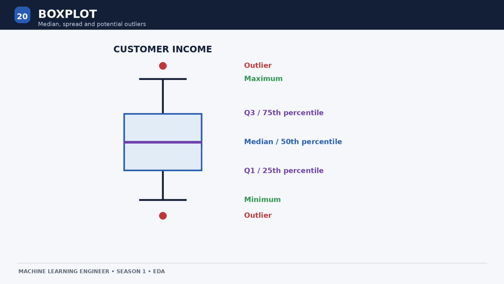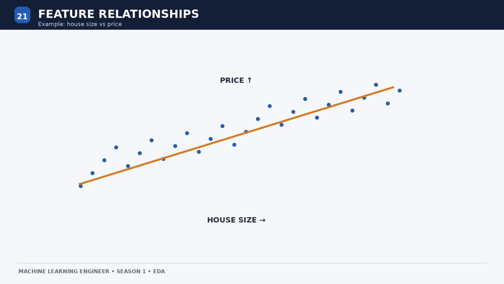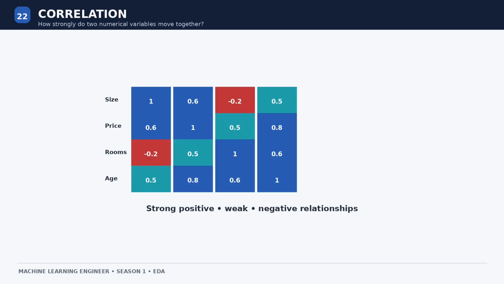Box plots are particularly useful when comparing distributions across different groups. EDA isn't only about looking at individual columns. We also want to understand relationships between variables. For example, if we are predicting house prices, does house size have a relationship with price? A scatter plot can immediately help us investigate that.